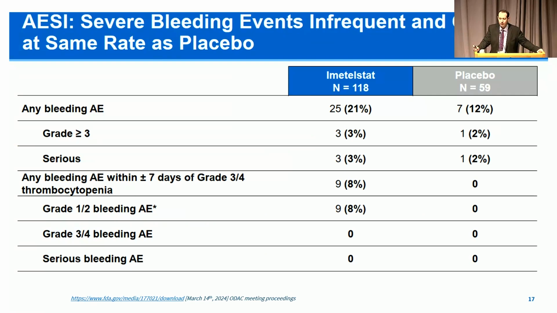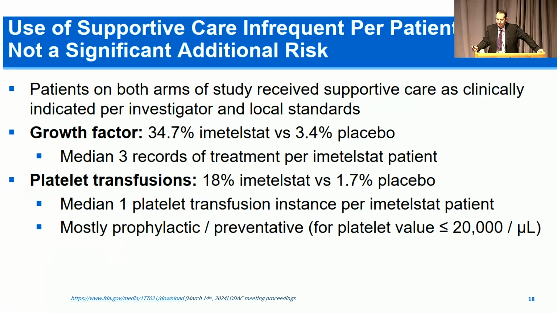Severe bleeding events were infrequent and occurred at the same rate as in patients treated on the placebo arm, and the same was applicable for febrile neutropenia, with only 1 patient on the imetelstat arm having febrile neutropenia.